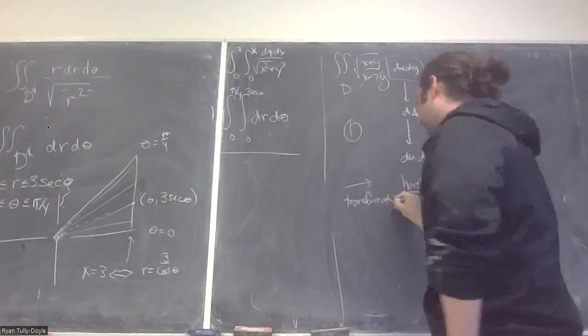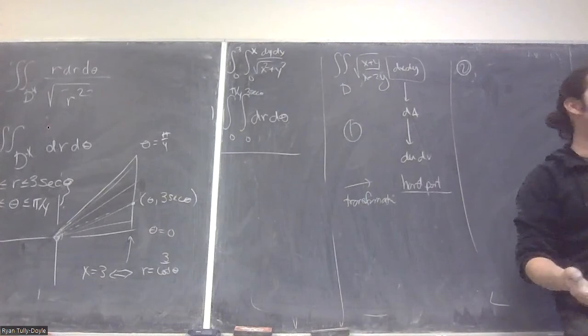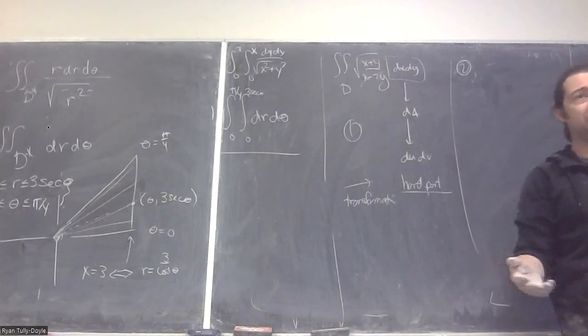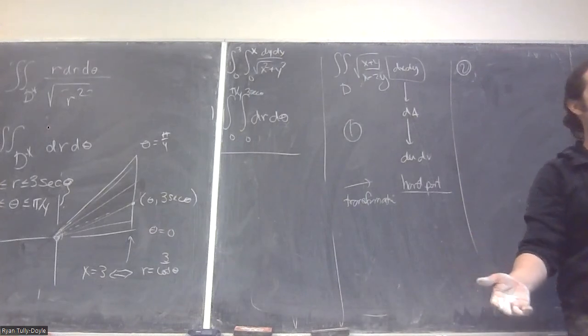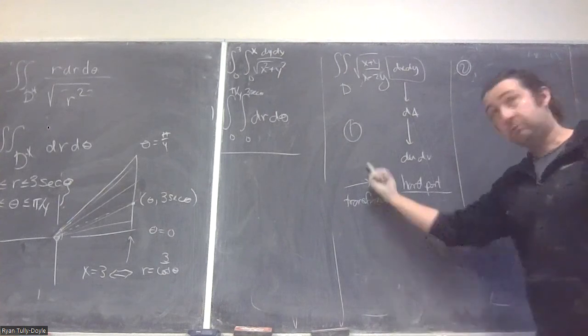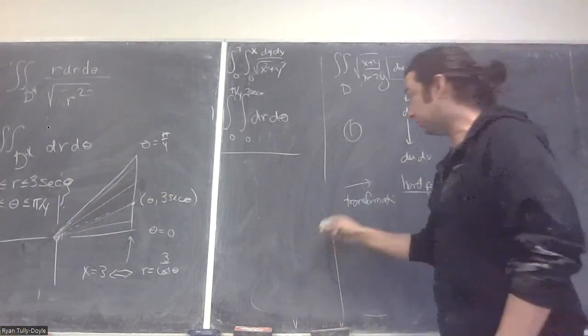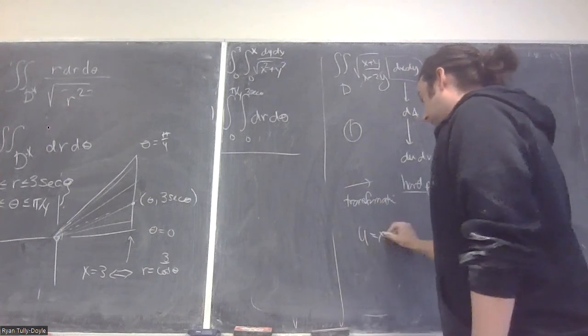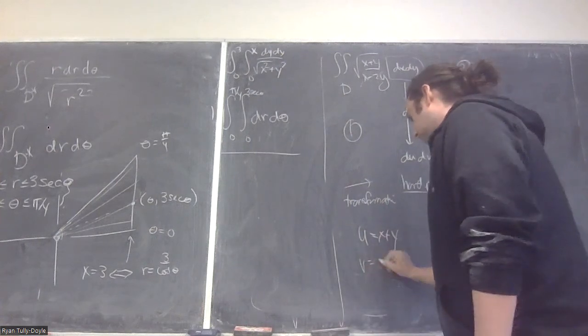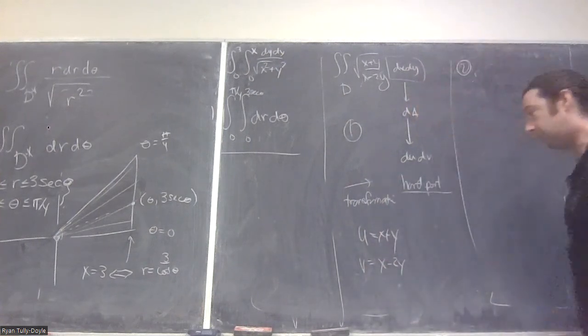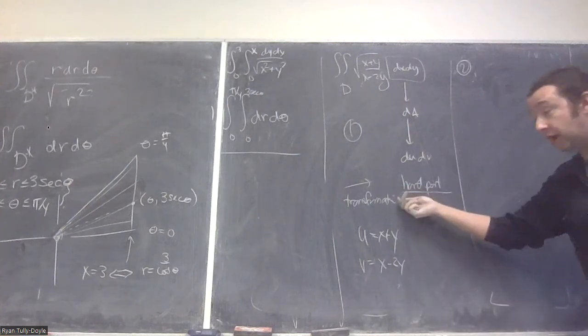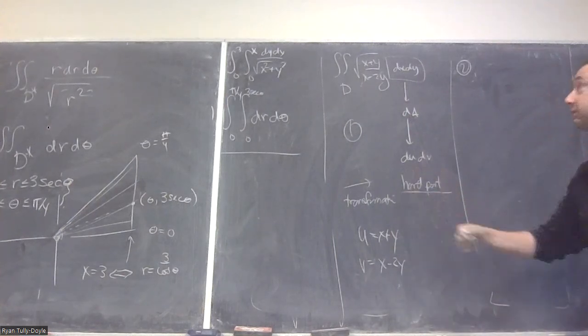If I give you a transformation to do on a test, I will tell you what the transformation is. I'm not going to have you fumble around trying to figure out what the substitution has to be. For a problem like this one, I would have just told you to use u equals x plus y and v equals x minus 2y. So the substitution and tracking the transformation are hard, but the integral is easy.